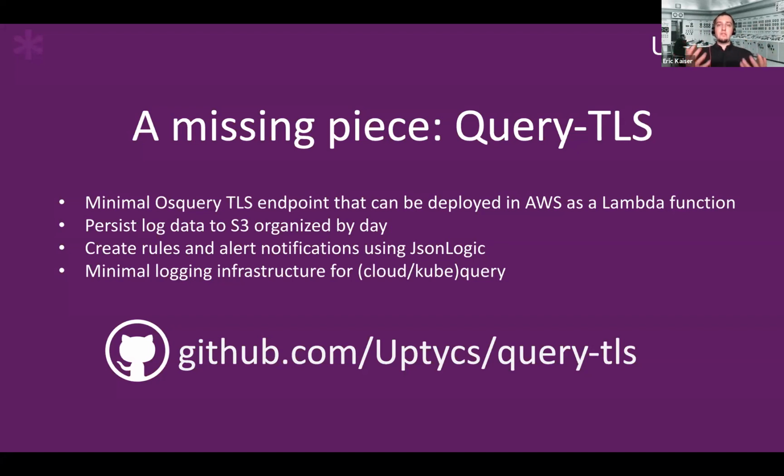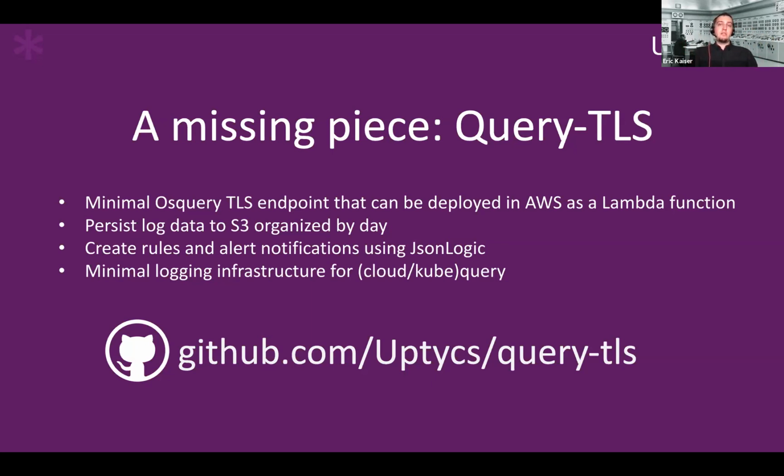If you're looking to get started, Query TLS is a very bare bones upstream Osquery TLS aggregator that can be deployed in AWS as a Lambda function. So you have cloudquery running in an EC2 instance somewhere, and shipping that data in JSON format to a Lambda function. And that allows you to create rules and alert notifications using the JSON logic project.